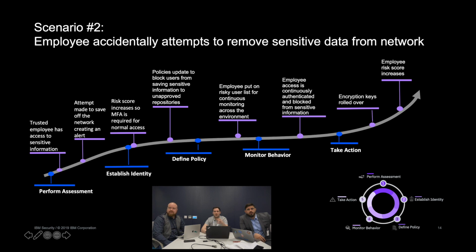Encryption keys roll over and the employee risk score increases again, depending on what they've done. And in terms of taking action, do we remove their access from this sensitive information? Do we leave them on a continuous multi-factor authentication policy until they become trusted again? Back to that scenario.